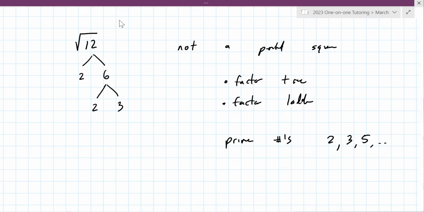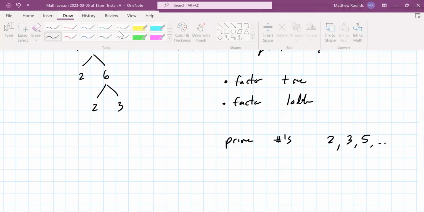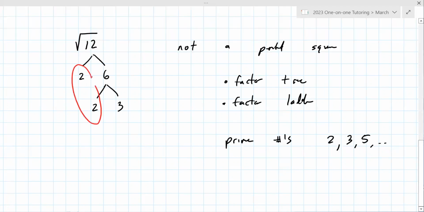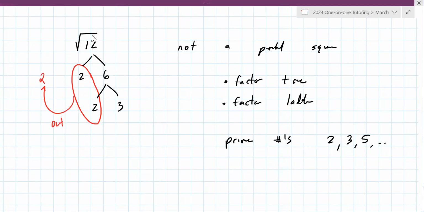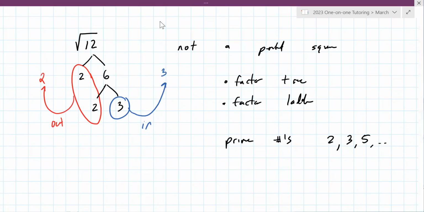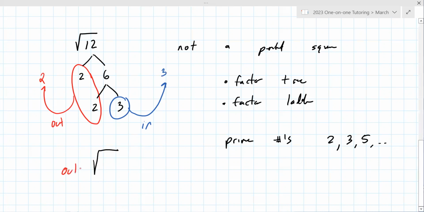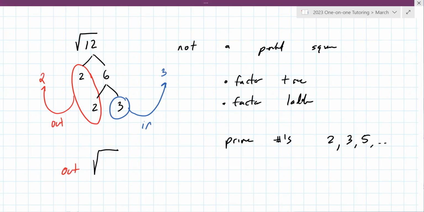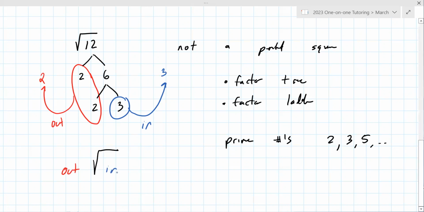Good, good. So the next part here is you circle pairs, okay? So any matching pairs come out. So a 2 is going to come out. And whatever is not a pair on the leaves is going to stay in. So this 3 is going to stay in. So your answer has this form where there's a part that's out and there's a part that's in, or under the root, okay?